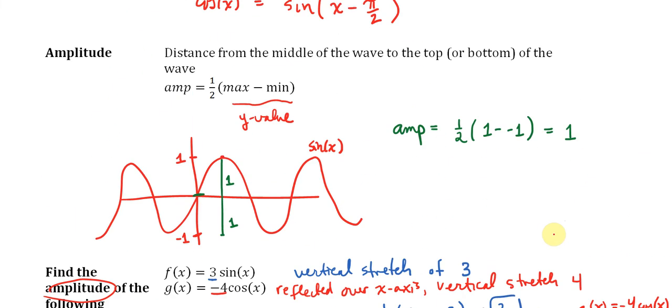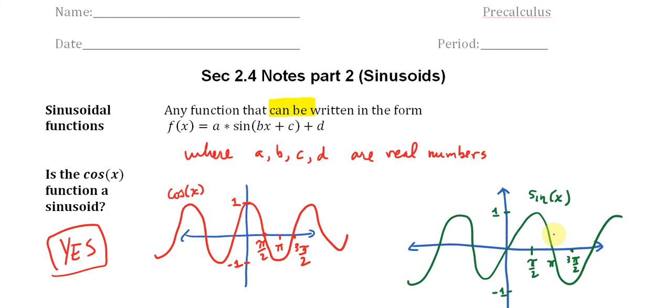And if you scroll back up here to our definition of a sinusoid, you can see that the variable or the letter a in the front here is effectively what determines the amplitude. So we can say that the amplitude of any sinusoid is going to be equal to the absolute value of a.